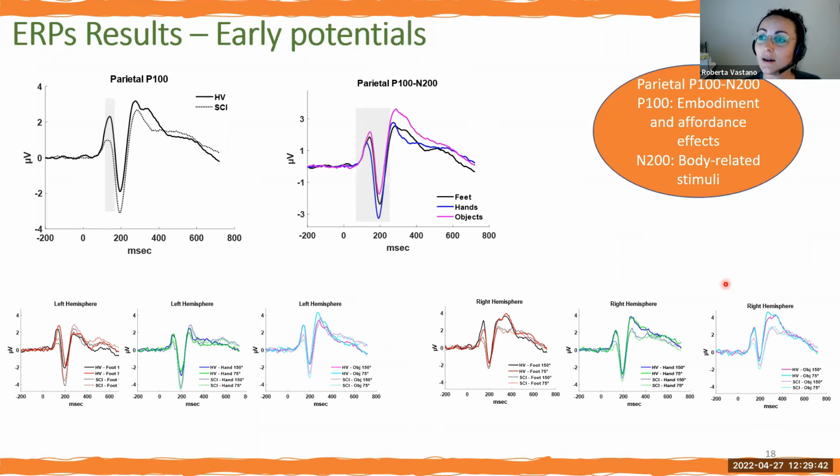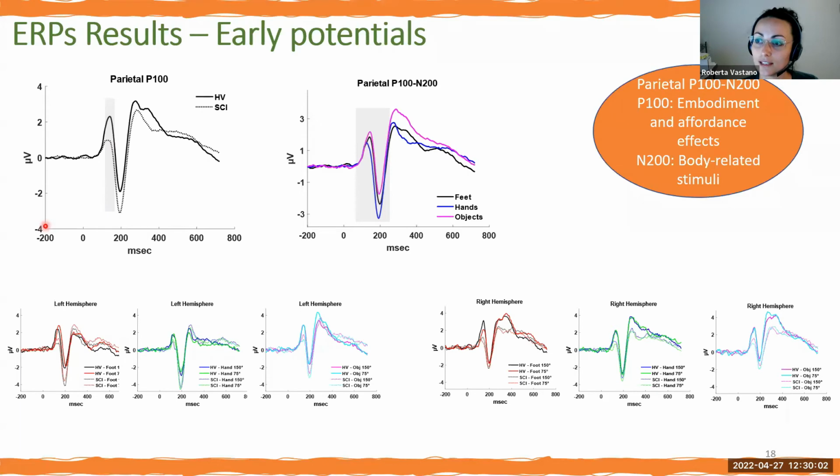So these are our results for the early components. Once again, here we're looking at the P100 and N200, which is related to the processing of visual stimuli that can evoke any embodiment effect, and that relates to body in the case of N200.